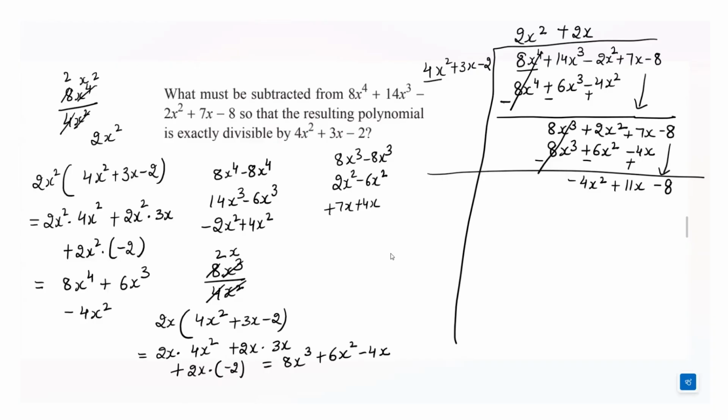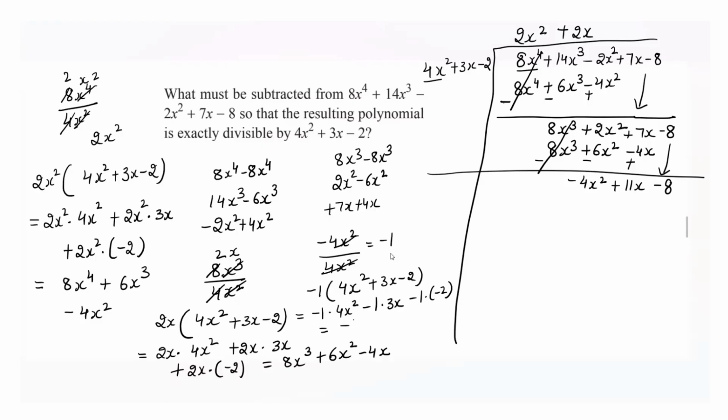Now we have the next term, which is minus 4x squared, and we will divide it by 4x squared. Once we divide, we'll get here negative 1. Now we have to write down that negative 1, and multiply it with 4x squared plus 3x minus 2. Once we open the bracket, we will get minus 1 into 4x squared, minus 1 into 3x, minus 1 into negative 2 within the bracket.